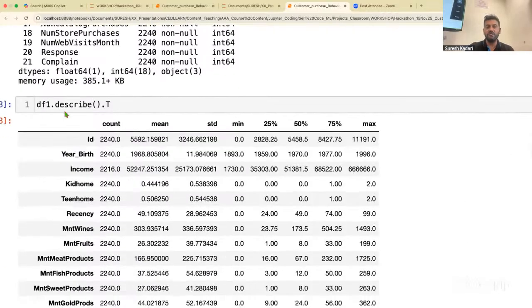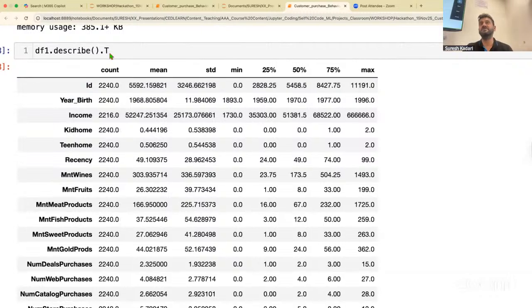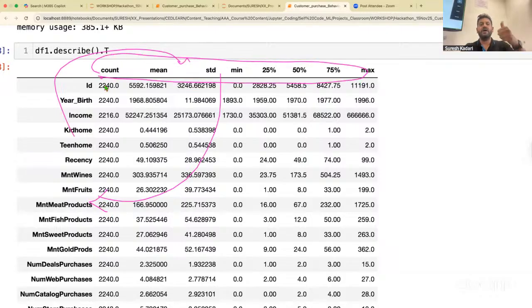So when I'm describing, I get only the numerical data. One more thing, I'm transposing. Usually this will go here and this will come here. So we will have all the statistical data about maximum, minimum, count, 50%, 75%, all those things.